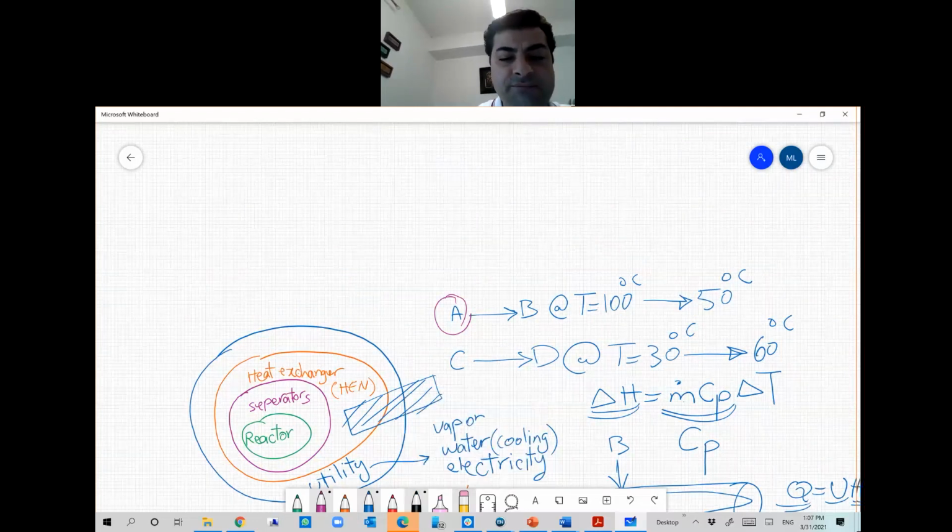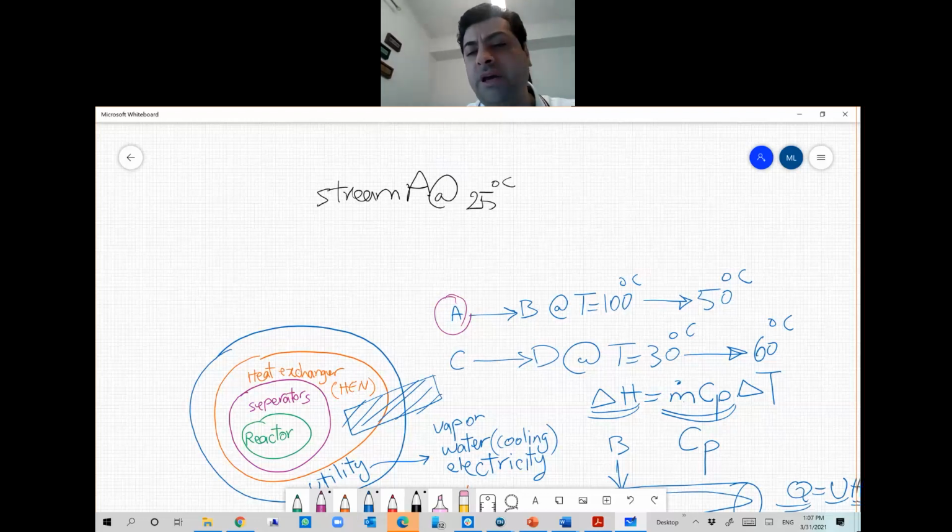This stream A at the beginning was at 25 Celsius, but it had to be at 100 Celsius before the chemical reaction to produce reactant B.